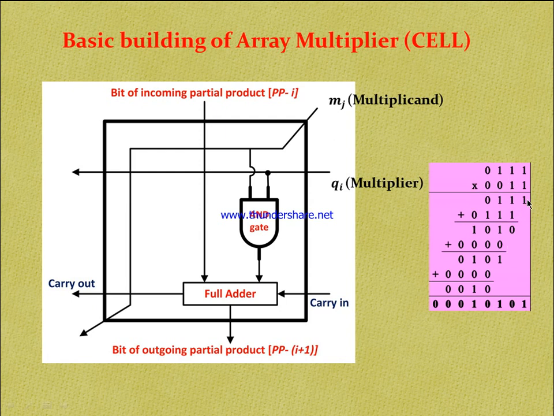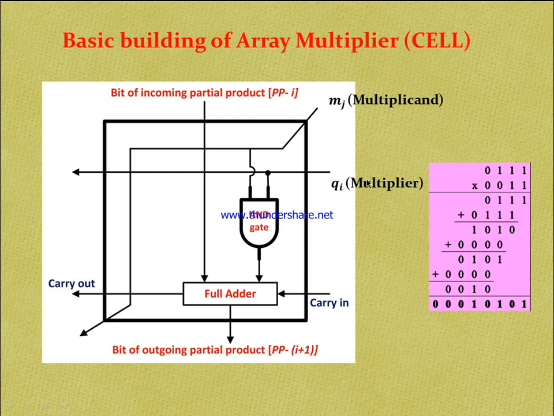Suppose I have to multiply these two numbers. First of all I have to do the multiplication bit by bit. That means this bit is multiplied with this bit and the result will come here. Now let's check how this cell will perform this operation. In this cell we can see all the labelings.